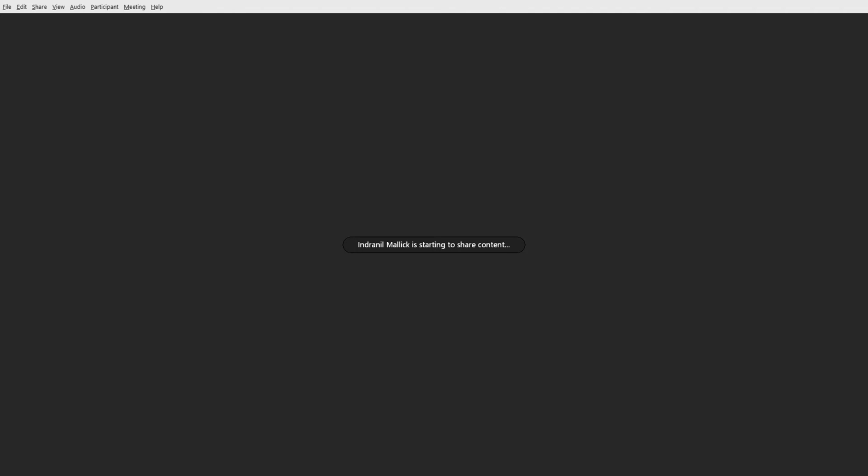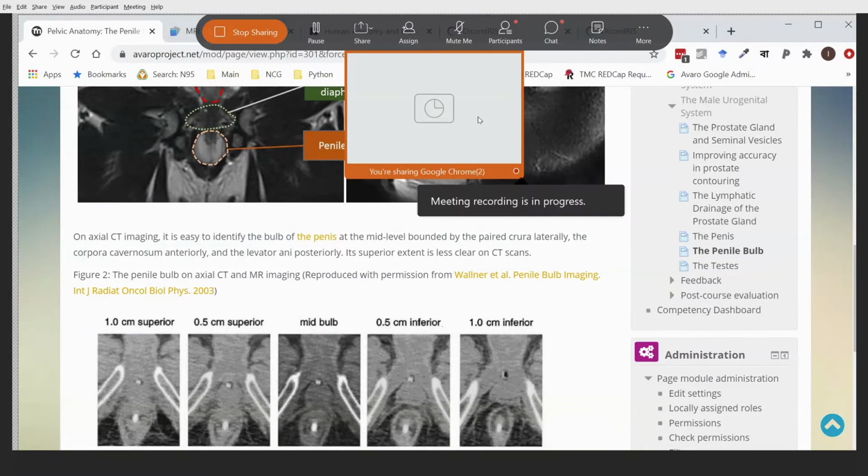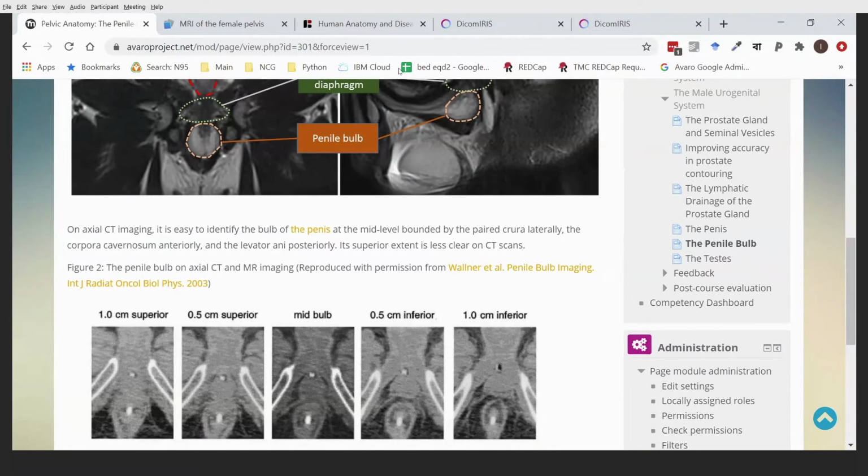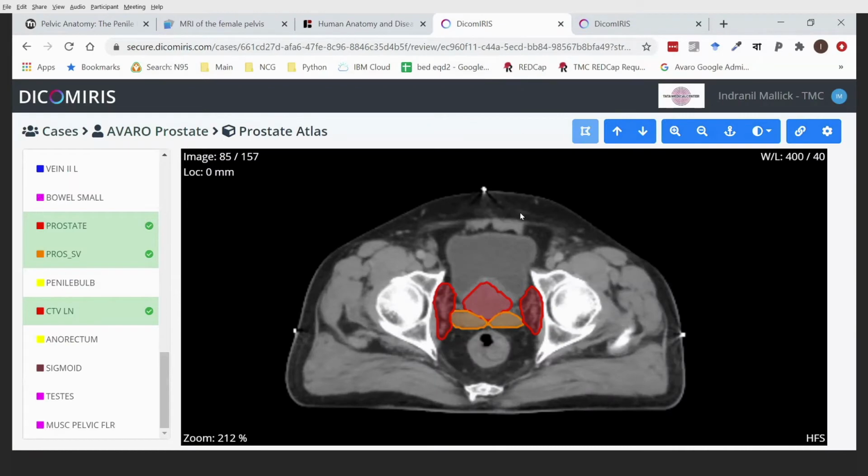Right, so I hope all of you can see my screen. Now let us take a look at how to contour the prostate gland.